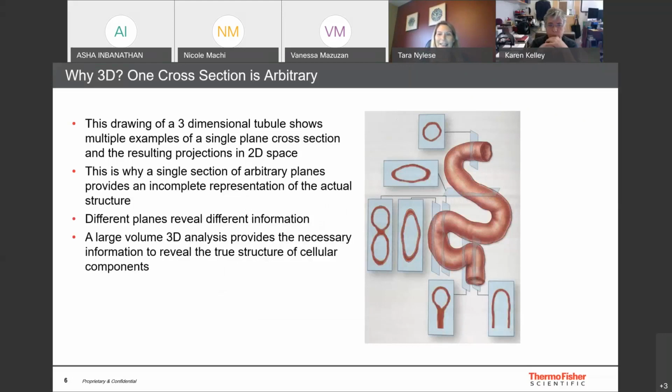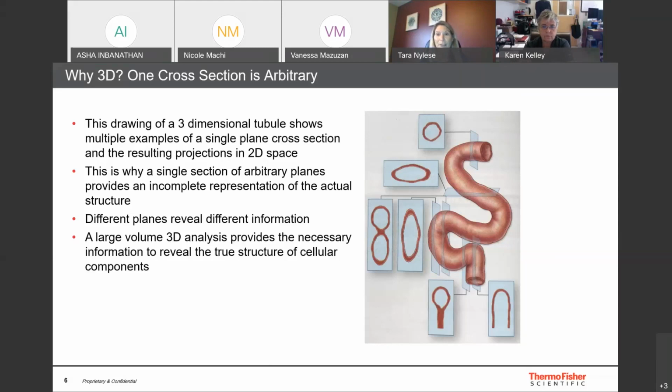We could see the tubule here in this graphic, and it is, of course, a 3D object that has a circular 2-dimension, but also a 3-dimension that turns and curves and folds back on itself. Whenever we take a cross-section or a 2D image of a certain area, it may be misleading or incredibly complex for us to figure out what it's actually representing in 3D space.